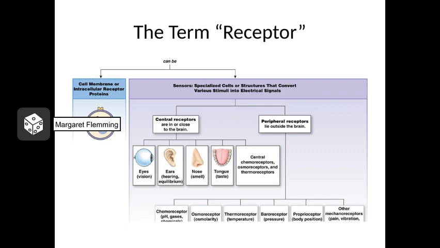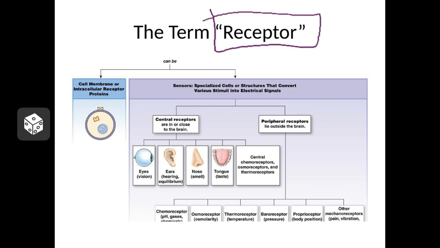One more slide from the other text to help illustrate the fact that there are two different kinds of receptors in anatomy and physiology. Now, specialized cells or structures that can convert one type of energy to another. For example, here we have in your ears, as you learned in A&PII, you have vibrations that can be converted to an electrical signal through your cochlear nerve back to your brain.